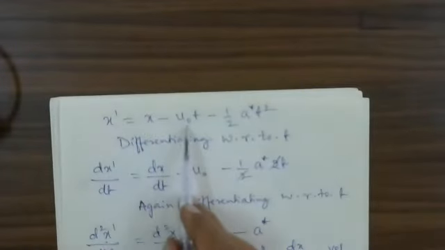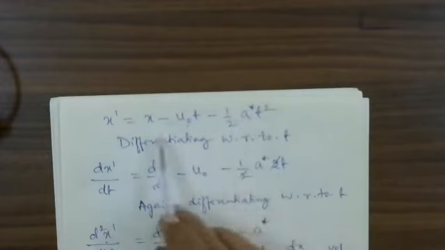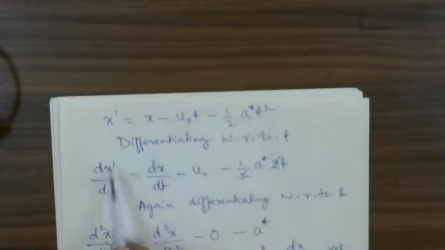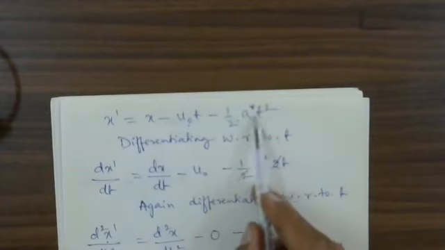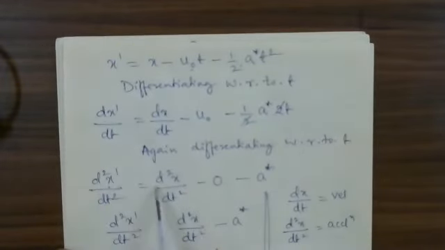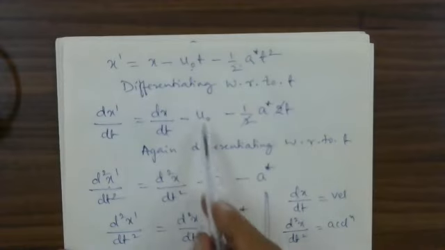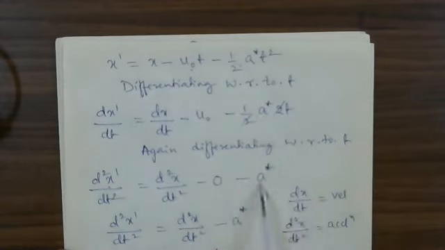So I have chosen like this: x dash is equal to x minus u naught t minus half a star t square. Differentiating on both sides with respect to time, you will get dx dash divided by dt is equal to dx by dt minus u naught minus half a star 2t. Differentiation of t square is 2t. Again differentiating with respect to time, therefore d square x dash by dt square is equal to d square x divided by dt square, this is constant, minus a star.